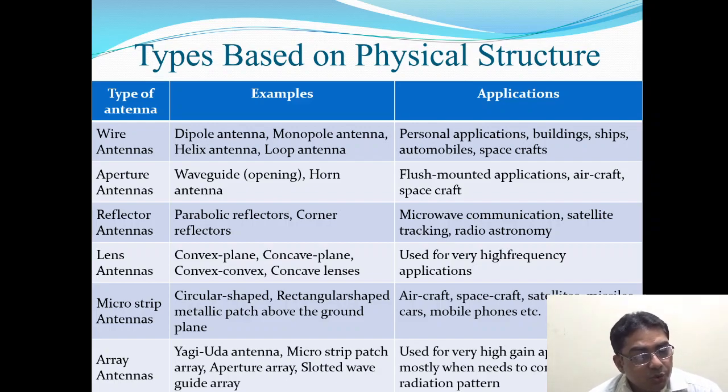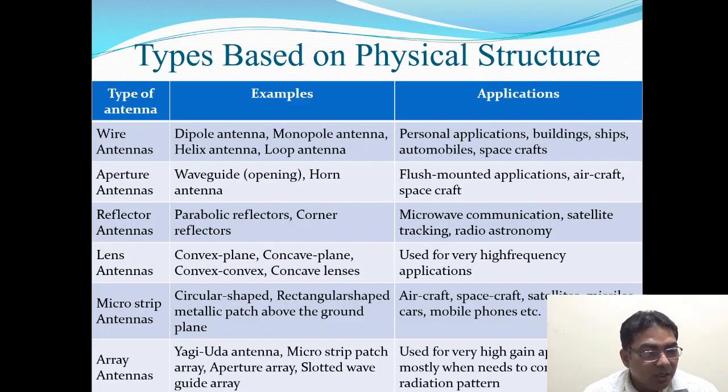This table shows types of antennas based on physical structure, their examples, and the applications. Considering the first case, the type is wire antenna, and the examples are dipole antenna, monopole antenna, helix antenna, and loop antenna. These wire antennas are generally used for personal applications, buildings, ships, automobiles, and spacecraft.